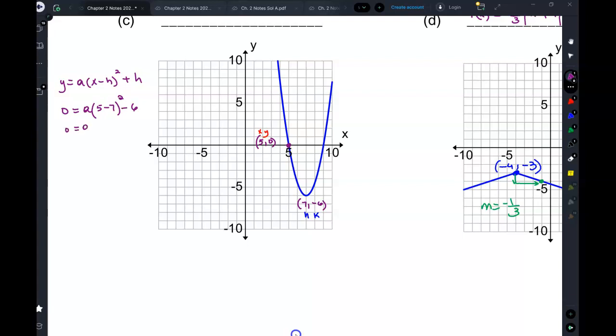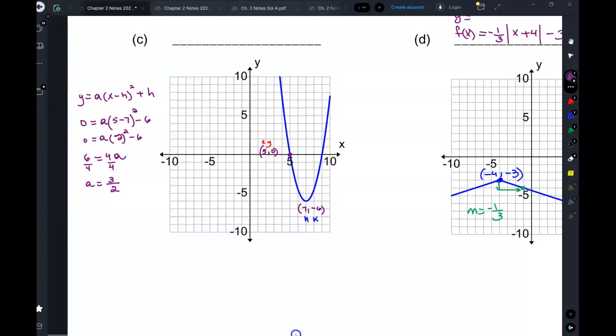So 0 equals a times negative 2 squared minus 6. 6 equals 4a. So a is 3 over 2. Does it make sense that a came out to be positive? Yeah, right?